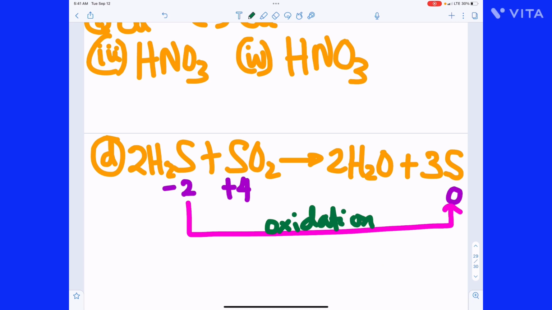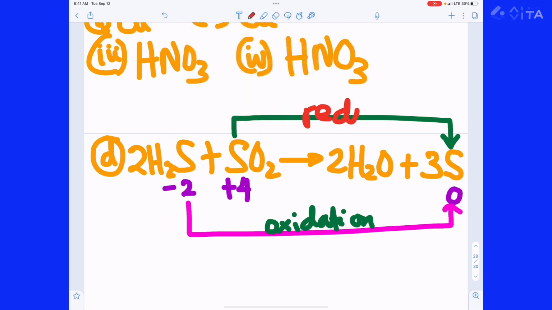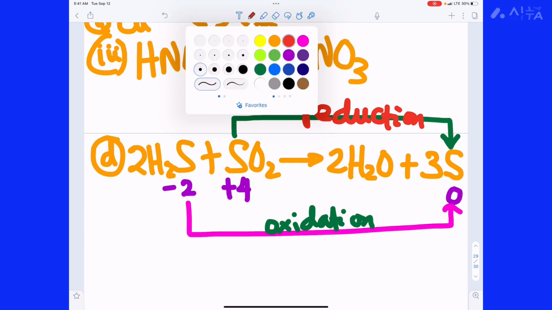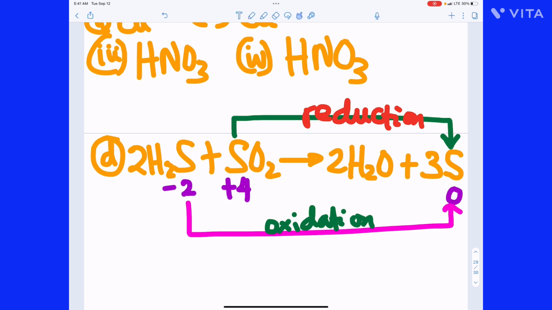But on this side, this change is from +4 to 0. This is a reduction, not an oxidation. So we know where our oxidation took place and where our reduction took place.